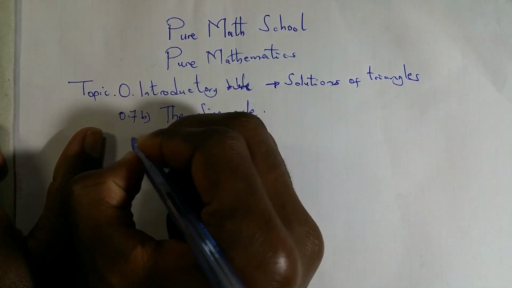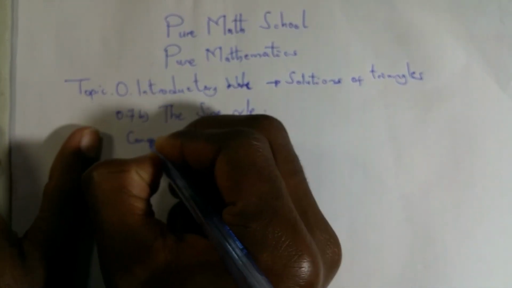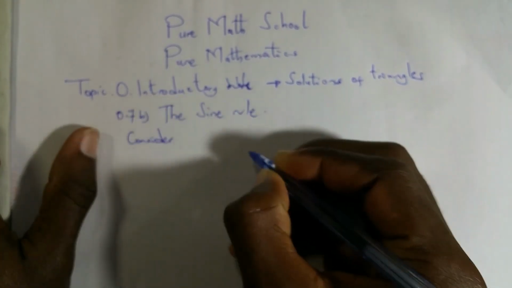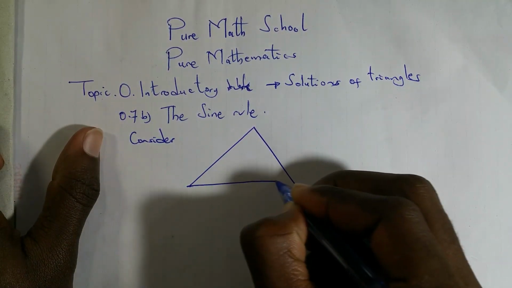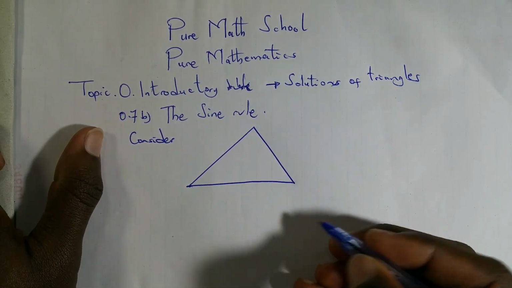For the case of the sine rule, let's consider this triangle. Okay, we have that triangle.